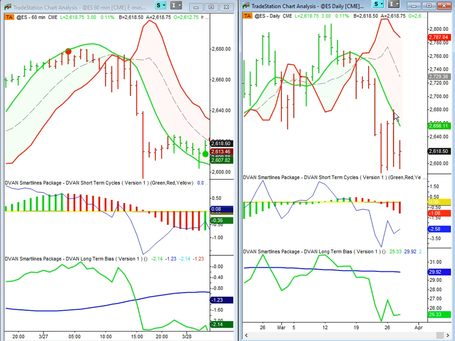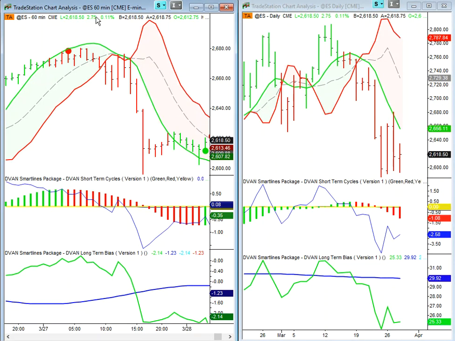A lot of times, as you look in and out of the cycles using the DVAN package, you'll see prices come up or down to the major support or resistance points that the three cycle lines identify. In this case, yesterday, prices come right up to the trend line, and this is presenting another opportunity for us to make an actionable short into this overarching bear trend that we see on a daily.